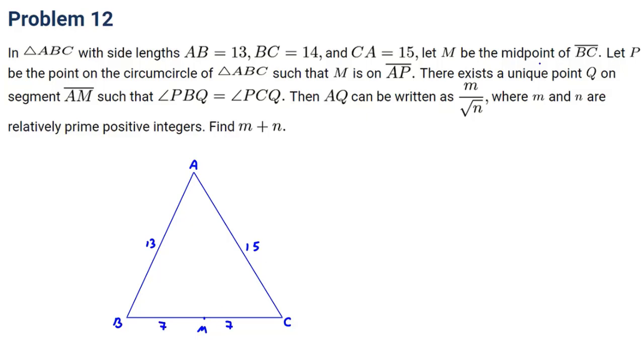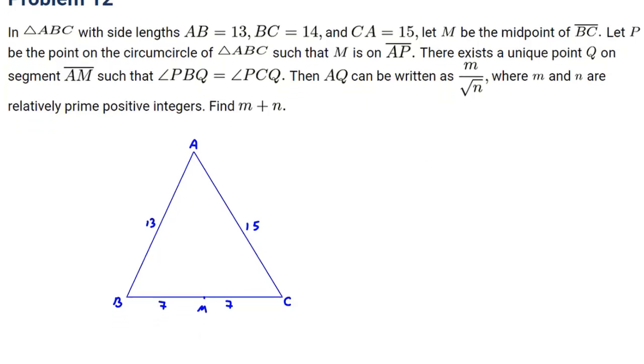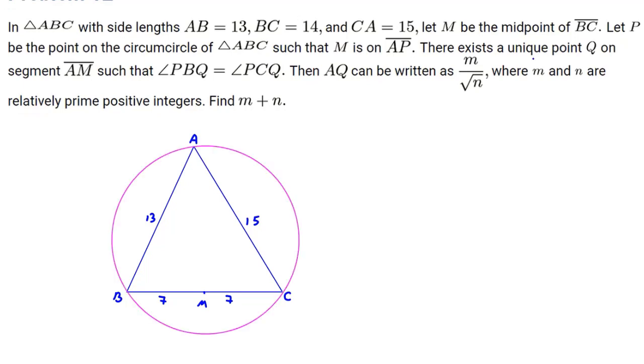It will be 7. Let P be the point on the circumcircle of triangle ABC. So let's draw the circumcircle of triangle ABC. Okay? It says let P be the point on the circumcircle of ABC such that M is on AP. Okay, M is on AP and P is on the circumcircle, so it will be something like this, and this one is P. There exists a unique point Q on segment AM such that angle PBQ equals angle PCQ.